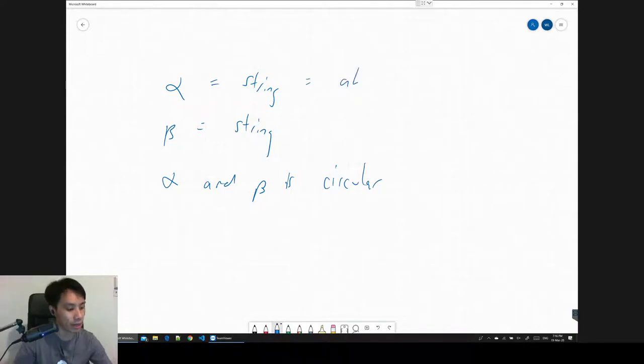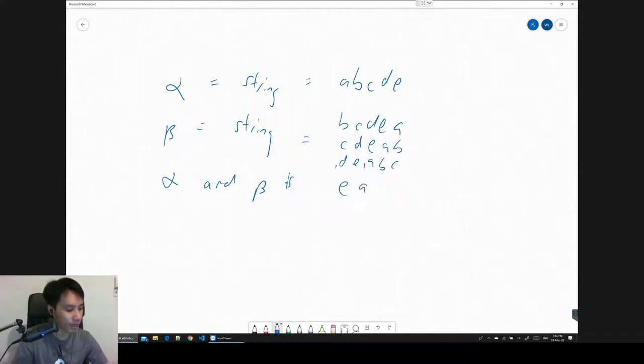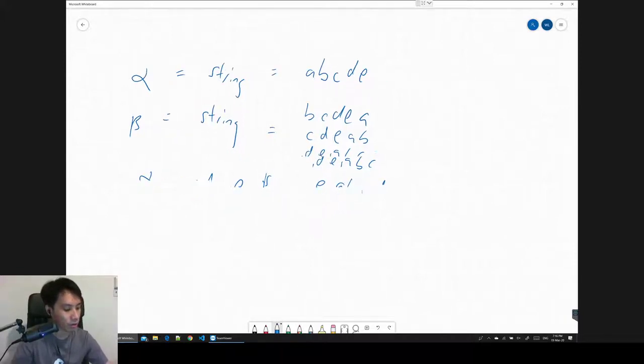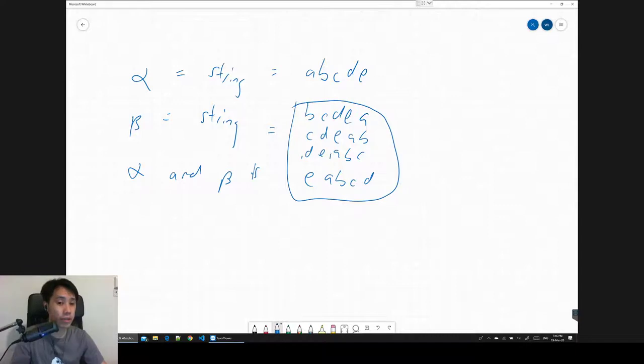Let's say alpha is A, B, C, D, E. For beta to be circular, it can be B, C, D, E, A, or C, D, E, A, B, or D, E, A, B, C, and finally E, A, B, C, D. So the strings I've generated here are circulars of alpha.